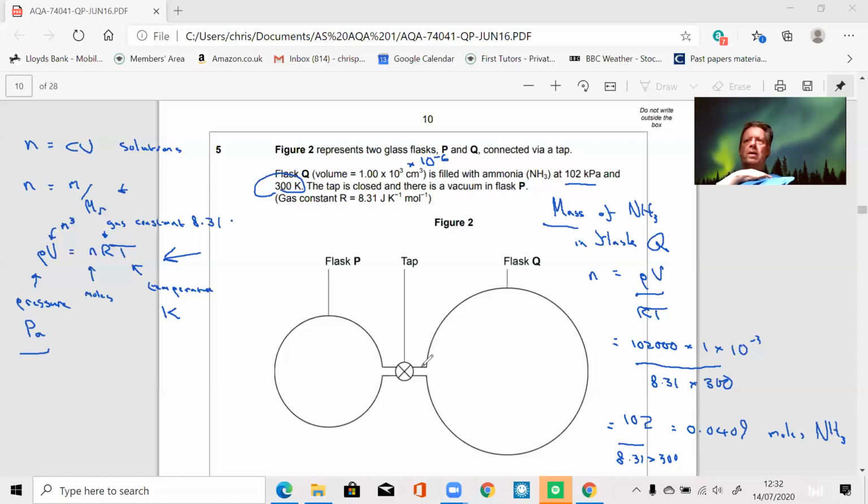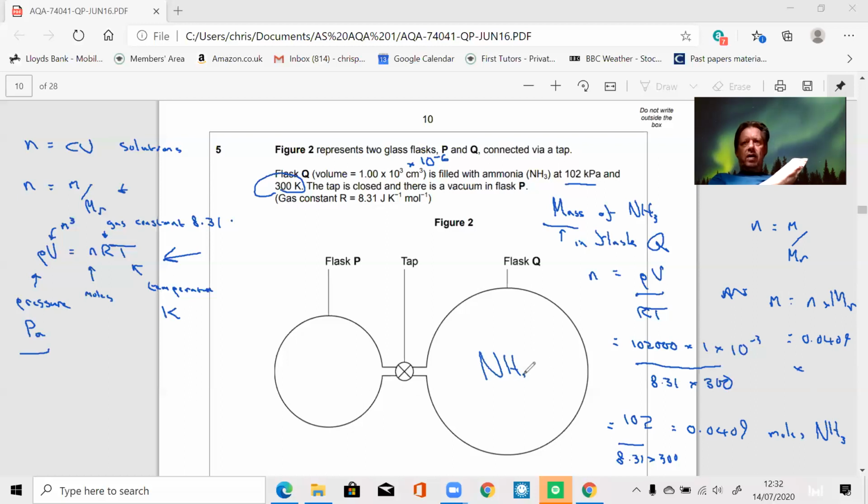Is that okay? What the question wants is the mass of ammonia. n equals m over Mr. Therefore, m equals n times Mr. We've got the number of moles. It's 0.0409. The Mr of ammonia is obviously 17.